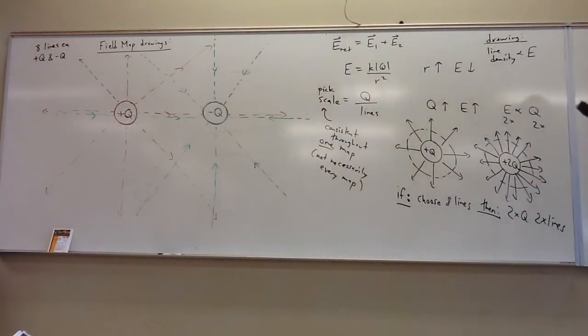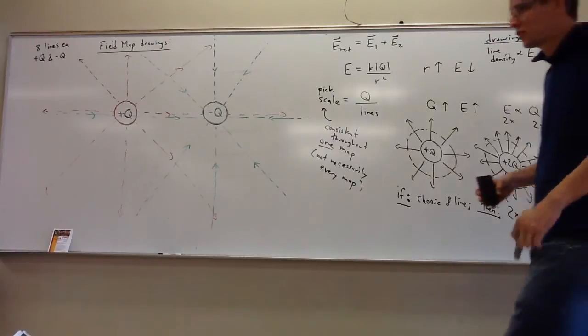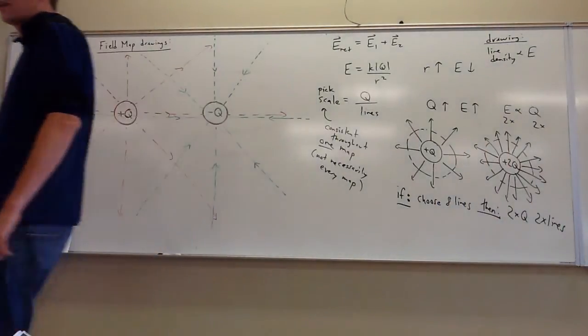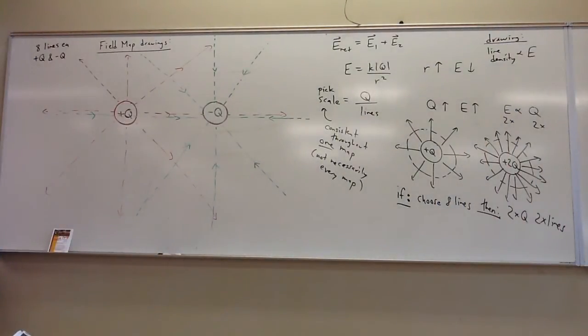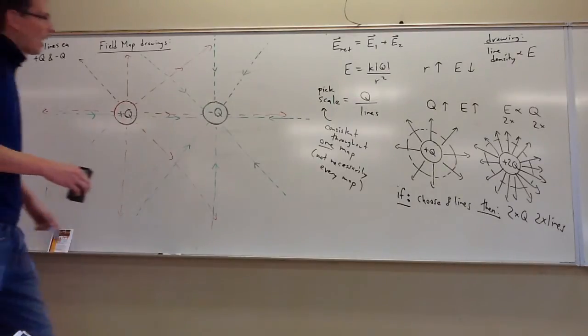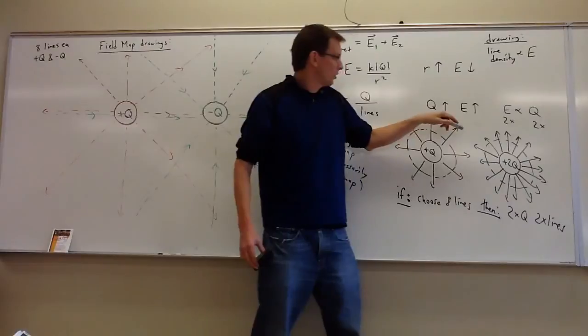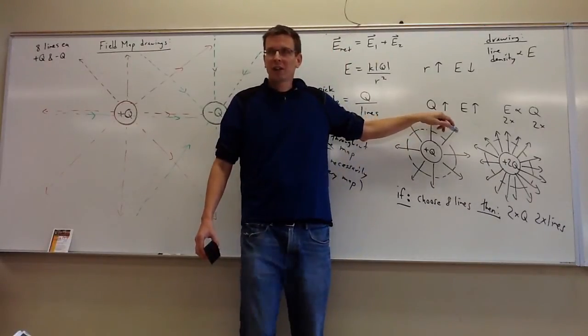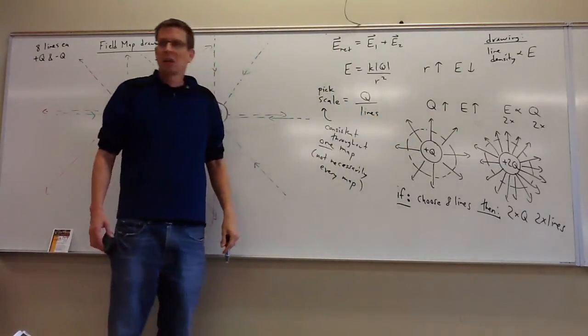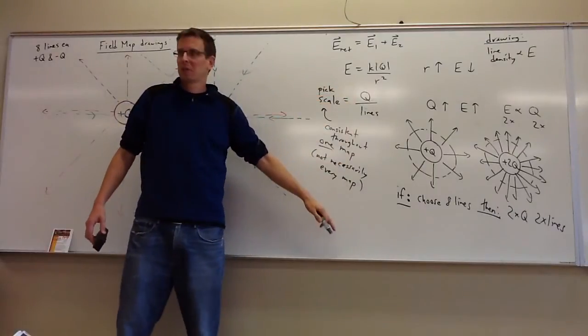You could pick 16 for both, it doesn't matter. The thing is just once you pick something, you have to respect it for the other charge as well. Okay? Because they're the same amount of charge, so same amount of lines, whatever you want to pick. Okay, so that's one thing. I already took care of this one, like the Q factor, so to speak. Are there any questions on the scale part before I clear myself some room?